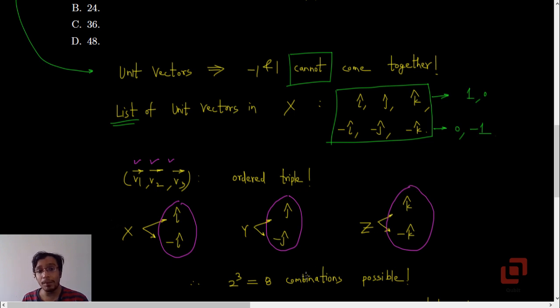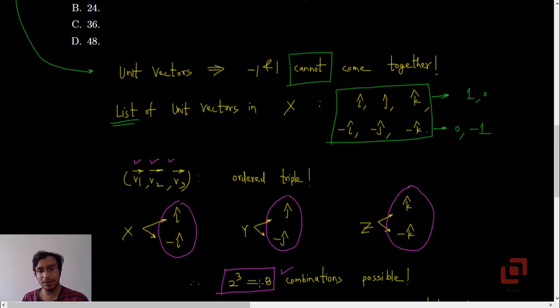So how many combinations are possible? There are 8 possible combinations, that is 2 cube. This is how you find the number of rows in any truth table, right? 2 raised to 3 equal to 8, or in binomial distribution, the different possible outcomes.